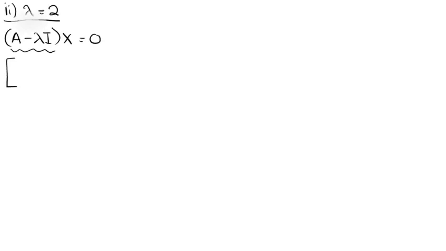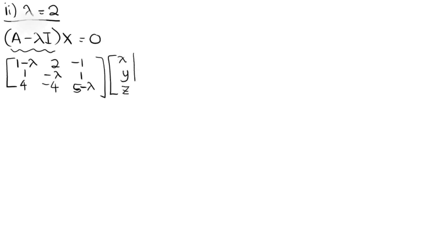So we copy back 1 minus lambda, 2, negative 1; 1, negative lambda, 1; 4, negative 4, 5 minus lambda, and then x is, you can use x, y, z, or you can use x1, x2 or x3, whichever is fine. And then 0 is the 0 vector.